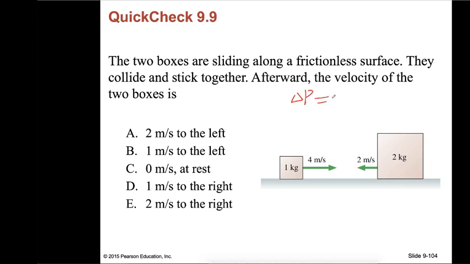Delta P is zero. You can calculate the initial momentum of object 1 plus object 2, and then their final momentum is the same, but their final velocity becomes a common velocity. Then you can calculate the final velocity.